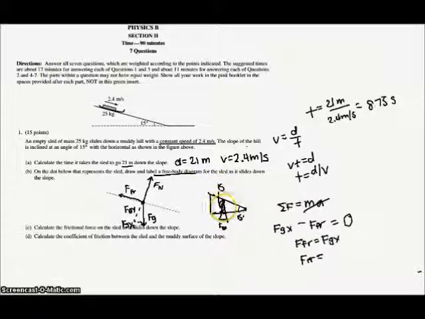So if we know this angle is 15, the F G of x, which is on the opposite side of the triangle, we would have to use sine. So we have mass, gravity, and then sine theta. And so we already know all these numbers, so we can just plug it in. So force of friction equals the mass, which is 25 kg.